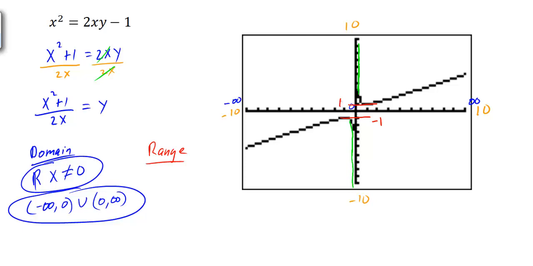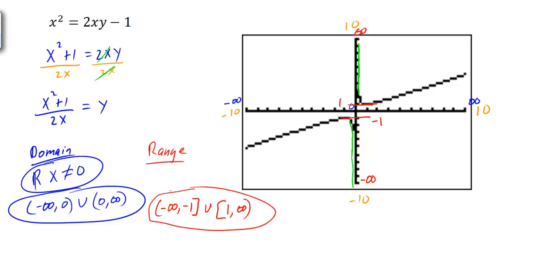So it looks like our range is going to be -infinity up to -1, including -1, union, or then it skips up to 1 and then goes all the way up to infinity. So this here would be the range for this particular equation.